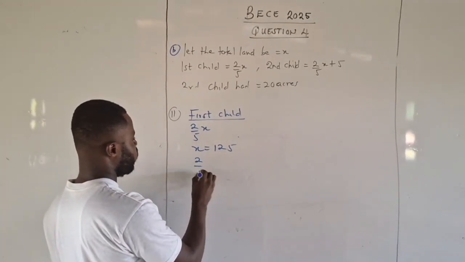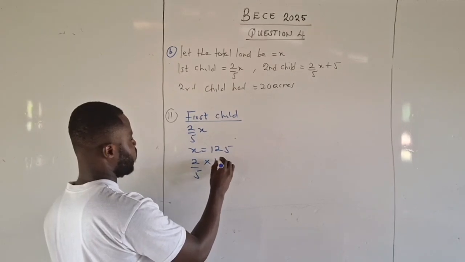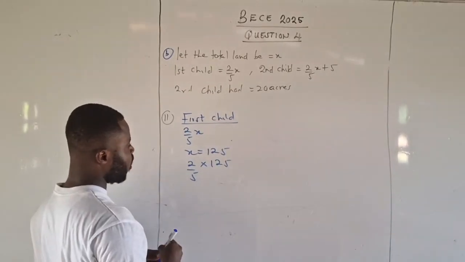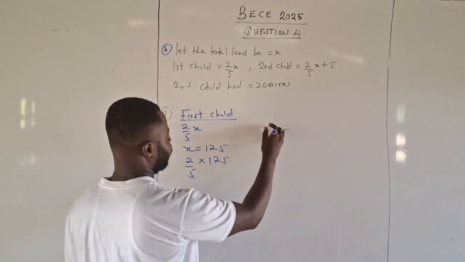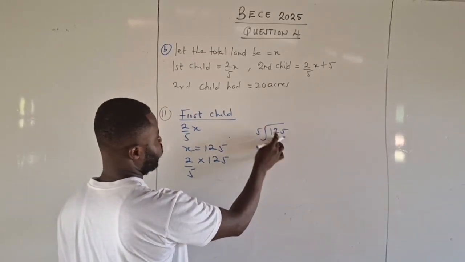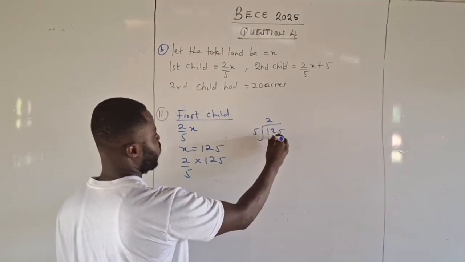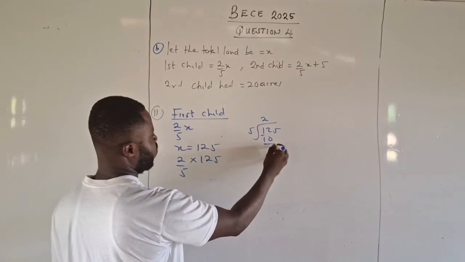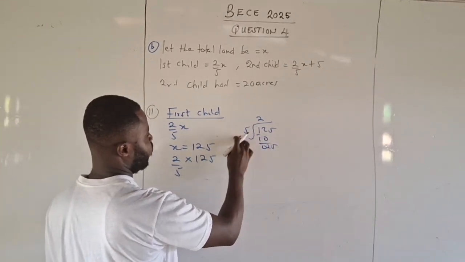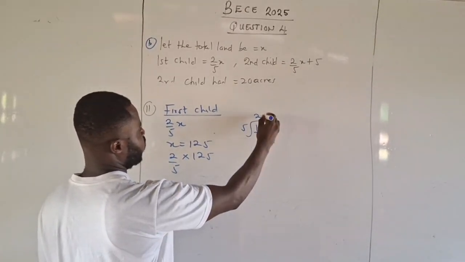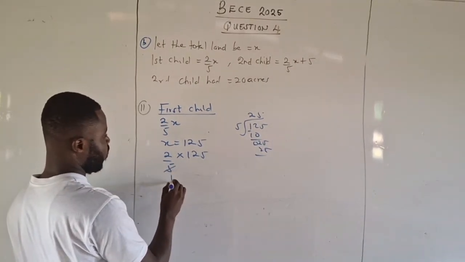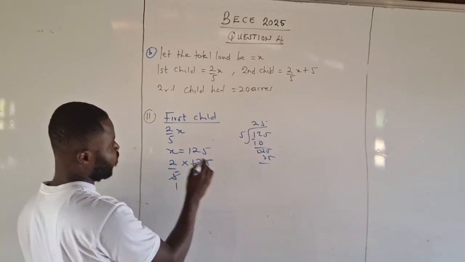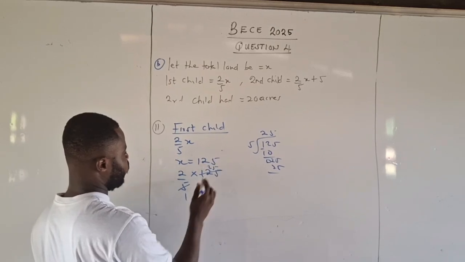So we write 2/5 times 125. 5 goes into 125, 25 times.